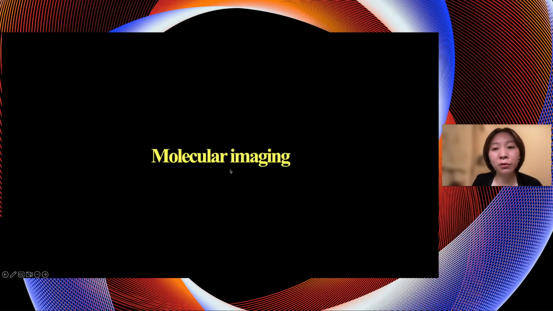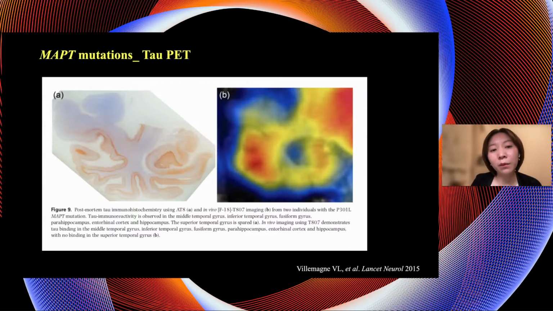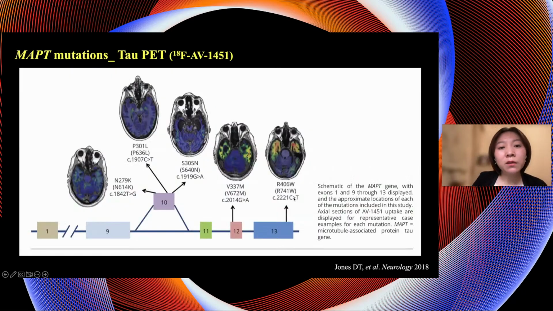So then we mention a little about molecular imaging. This is what our group did, published in 2015 in the Lancet Neurology. The post-mortem patterns of tau distributions, in P301L MAPT mutation carriers, can be shown in vivo with AV1451 tau PET. But this is a study from the Mayo Clinic by Dr. David Jones, which shows tau PET in the different subtypes of mutations.